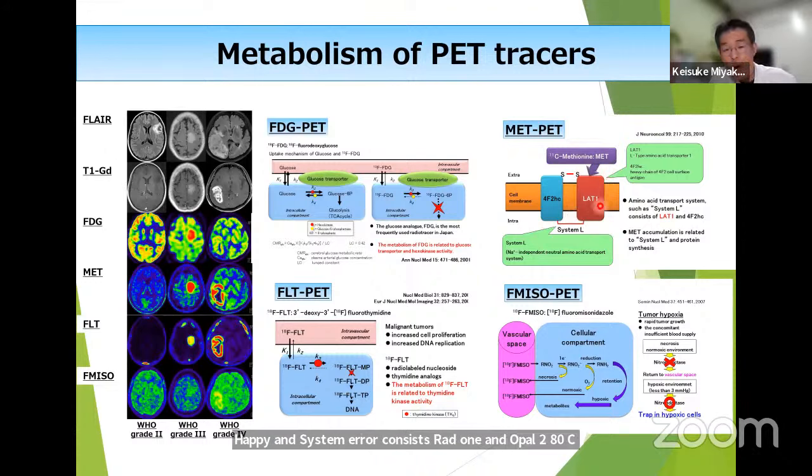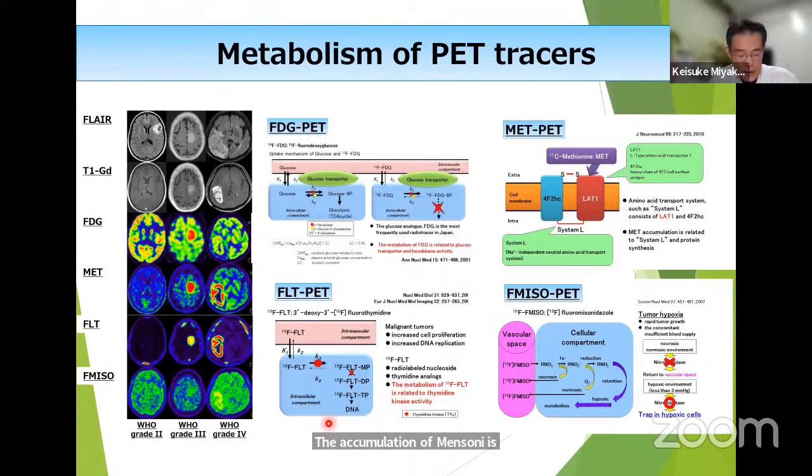The accumulation of methionine is related to system L expression. The third type of PET tracer is a nucleic acid tracer. Malignant tumors are characterized by increased cell proliferation and DNA replication. FLT tracer can be used to image cell proliferation, since FLT metabolism is related to thymidine kinase activity.